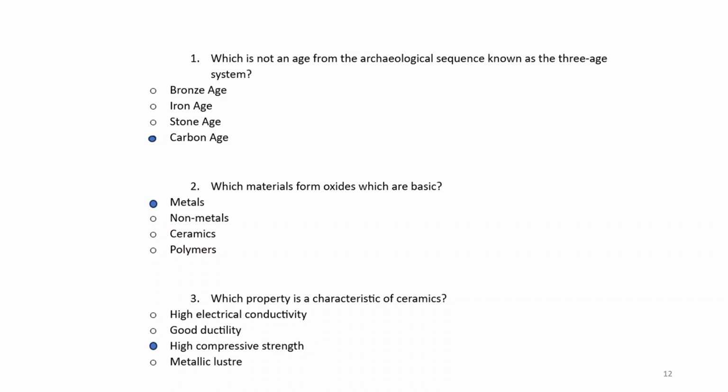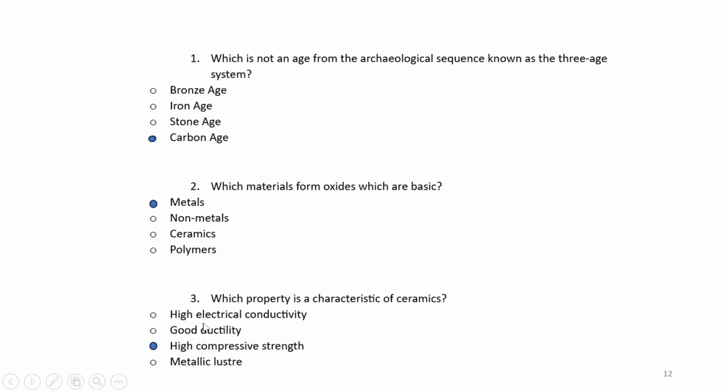So we are going through some sample assignment questions. So third question is, which property is characteristic of ceramics? Your options are high electrical conductivity, good ductility, high compressive strength, or metallic luster. So in case of ceramics, they are oxides of metals. So these oxides or borides or nitrides, so these are in oxidation state already.